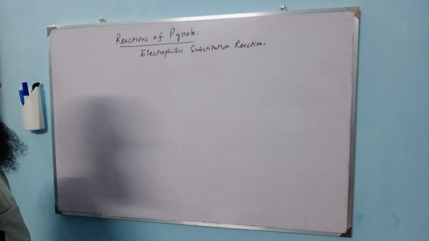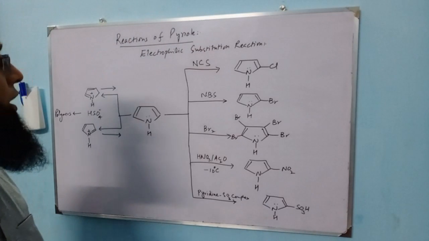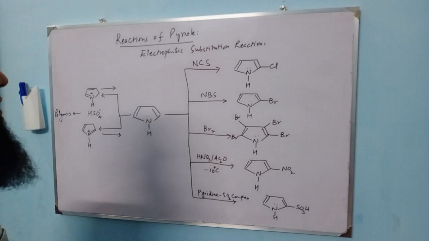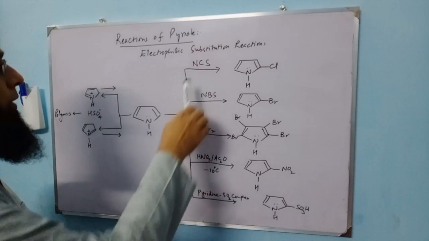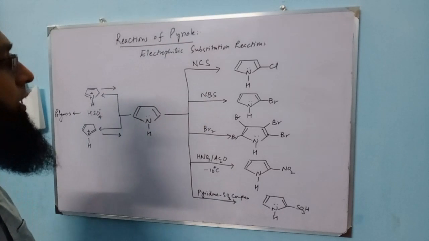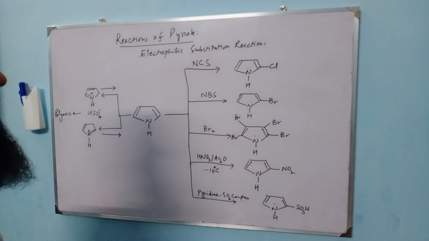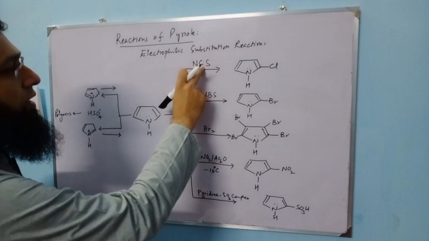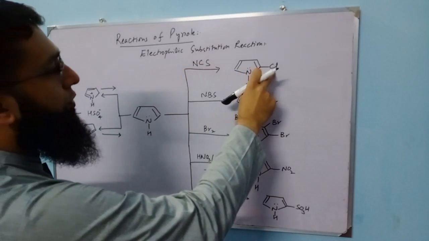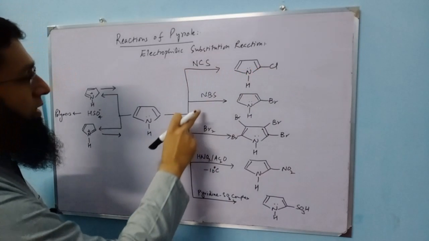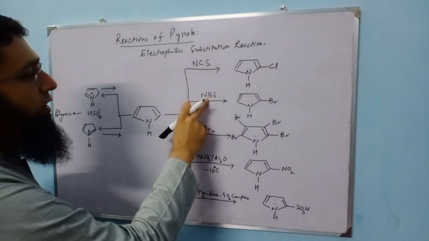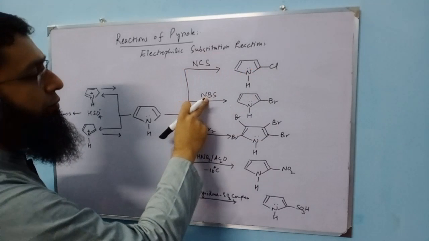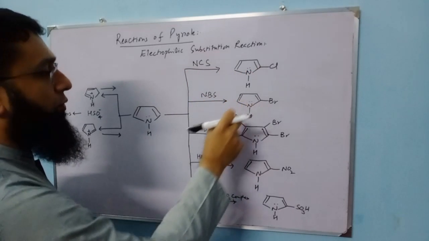Now some more reactions. Pyrrole gives different electrophilic substitution reactions. For example, in presence of N-chlorosuccinimide, abbreviated as NCS, we get 2-chloropyrrole, and when NBS, N-bromosuccinimide is used, we get 2-bromopyrrole.